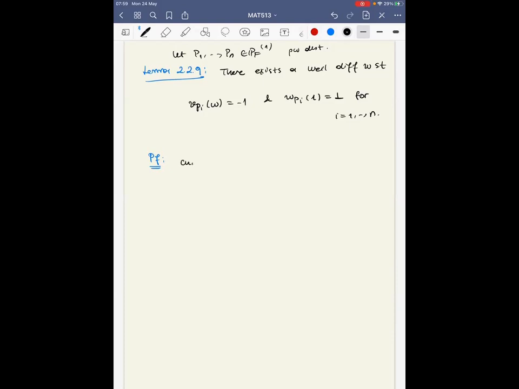But before that, first, let me consider an arbitrary Weil differential omega_0, because we know that the Weil differential space is nonempty for any function field. And if we look at its valuation at P_i, we know that this is an integer.